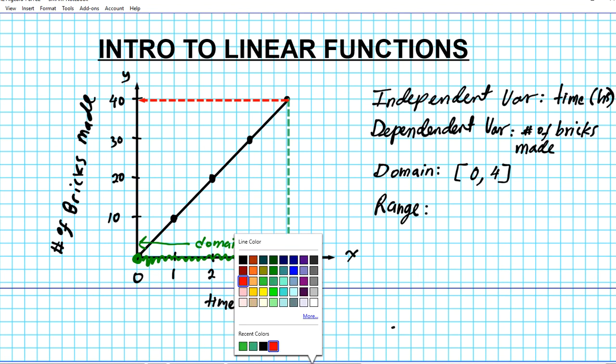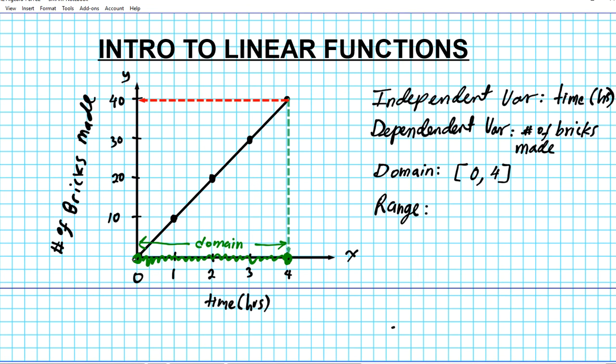Do you see what the range looks like? Let's go ahead and shade it in. So the range is going to start from 0, and it's going to include everything in between all the way up to 40 right there. That, ladies and gentlemen, is your range. Think about the range as the vertical span of your graph.